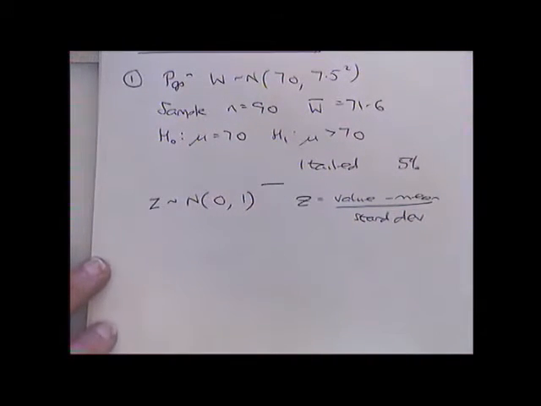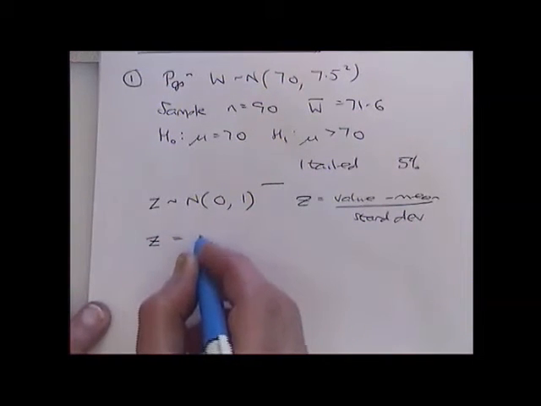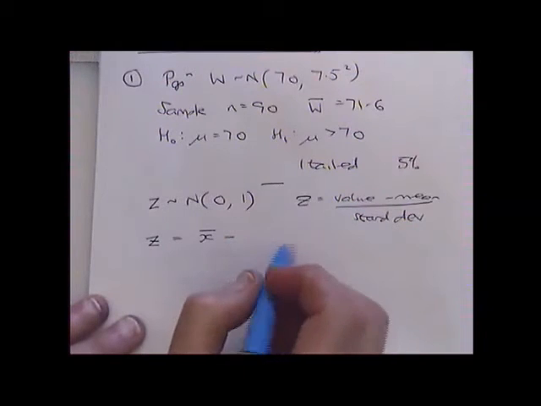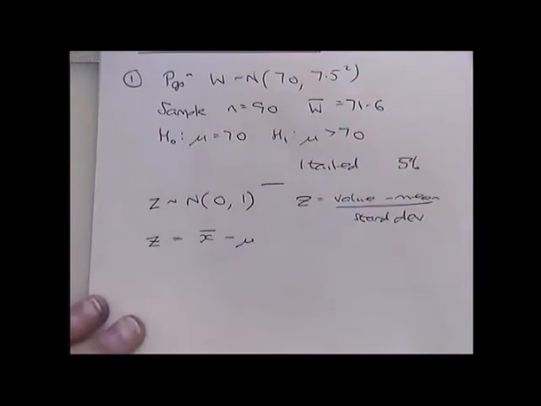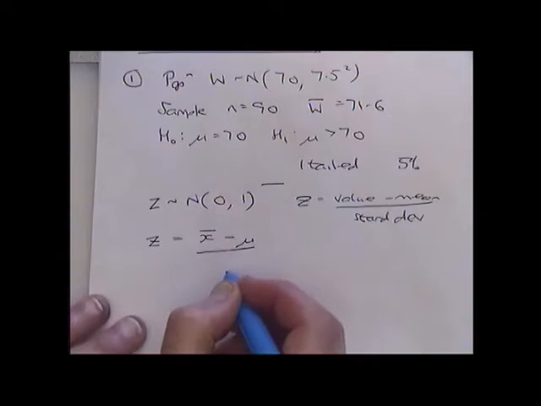Okay. So for x bar, what we are going to do, Z will be equal to the x bar value we have observed, take away the mean, divided by, and what's the standard deviation of x bar?